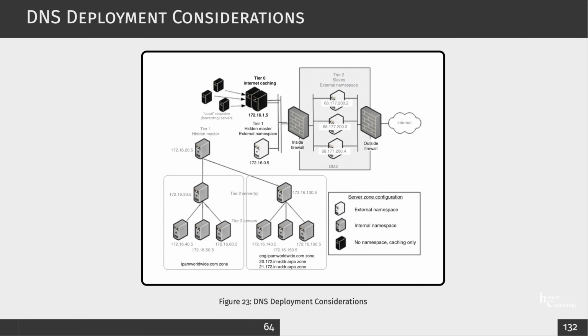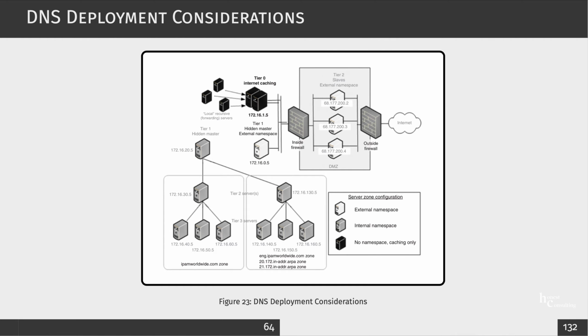So here we have the entire bigger picture, but there is something in addition that we are going to discuss a little bit later, and this is delegation internally. But here we have everything in one diagram. At the top right corner, we have our external DNS with hidden primary and a couple of secondaries.